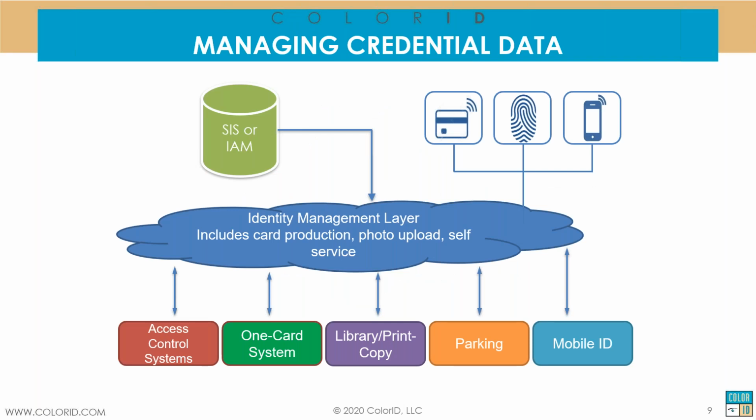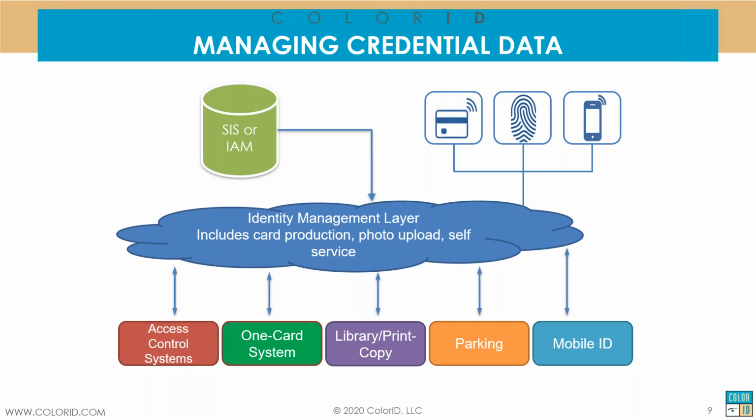So if you broke this out into a diagram, kind of a funny cartoony looking diagram here, up on top, the student information system or identity access management. Some of you have that, I think. The data for all the people in the system flows from there into, in this concept, what would be an identity management layer.